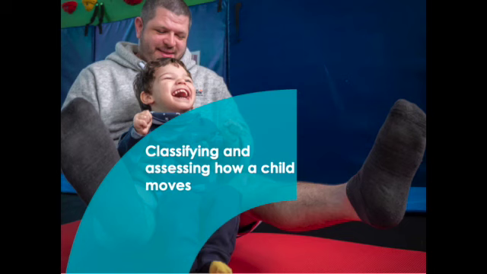It's an unwanted movement. Now, particularly because the funding for SDR is different depending on your child's gross motor function classification, I'm just going to spend a little bit of time now talking about what that is, so that you can identify, if you don't already know, what level your child is.